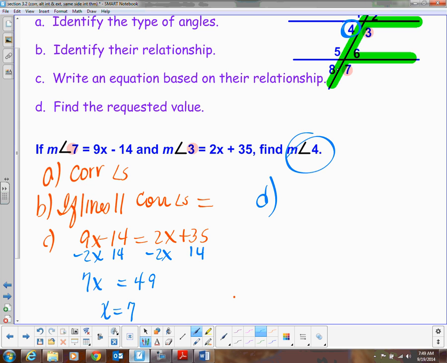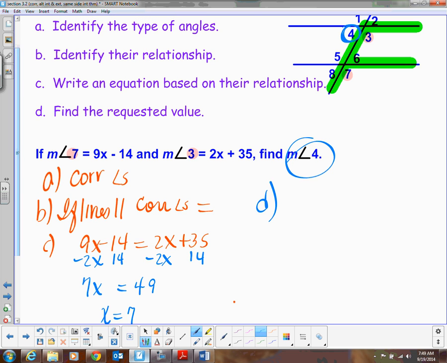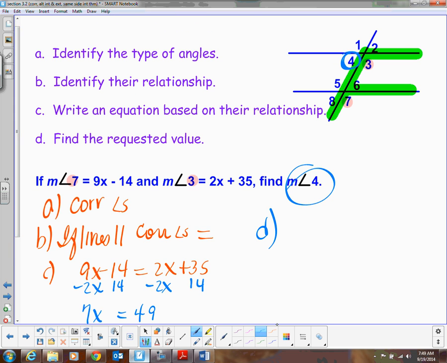Leslie? What's the only one I can work with? Yes. So I'm going to have to find the measure of angle 3 first. So that's going to be 2 times 7 plus 35, or 14 plus 35, or 49.